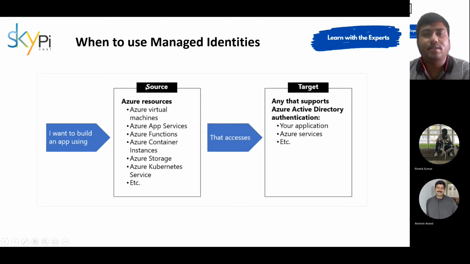The source is, as I said, any Azure resource from this chart. So if I want to use an app using Azure virtual machines or Azure storage, these are the source applications.